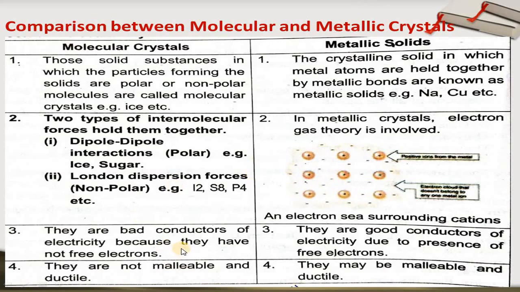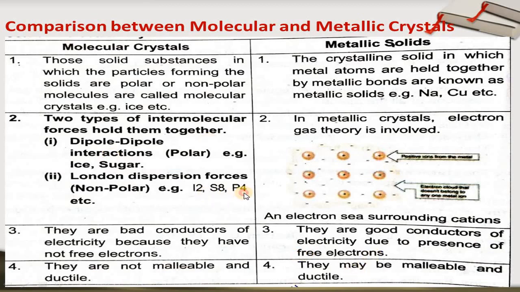Molecular solids are bad conductors of electricity because they don't have free electrons, while metallic solids are good conductors due to the presence of free electrons. Molecular crystals are not malleable and ductile, while metallic solids may be malleable and ductile.